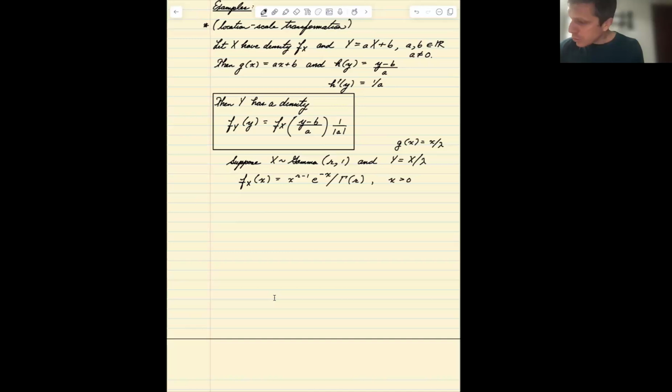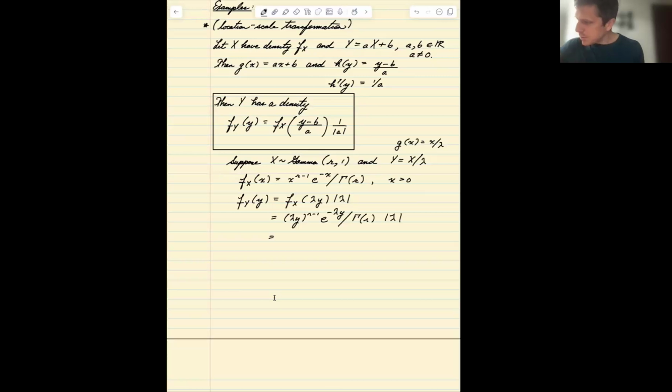Okay. So what we're left with then is lambda times f sub X evaluated at lambda y. So we get lambda y to the r minus 1, e to the minus lambda y over gamma r times lambda.